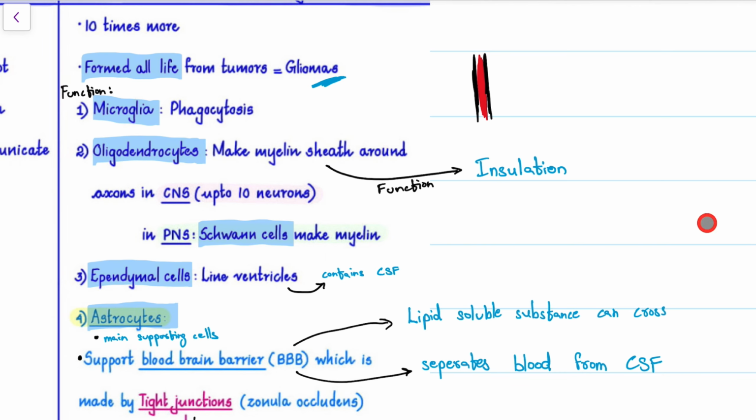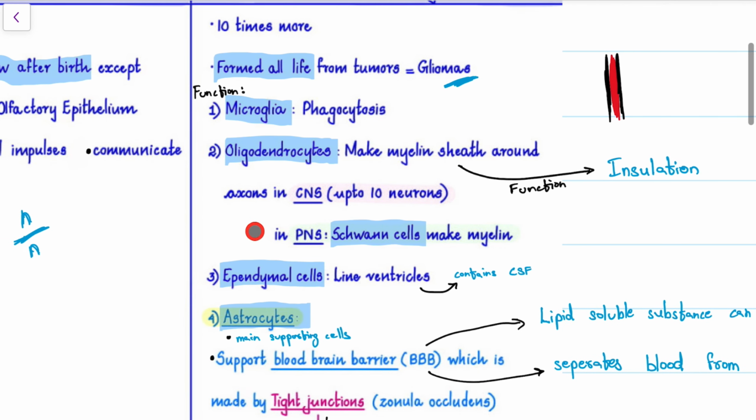So this insulation is done by the myelin sheath. Okay, and this insulation of the axons in the CNS is done by the oligodendrocytes, and in the peripheral nervous system it is done by the Schwann cells. One oligodendrocyte can myelinate approximately 30 neurons.